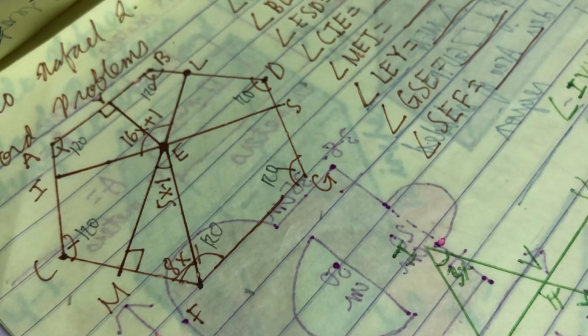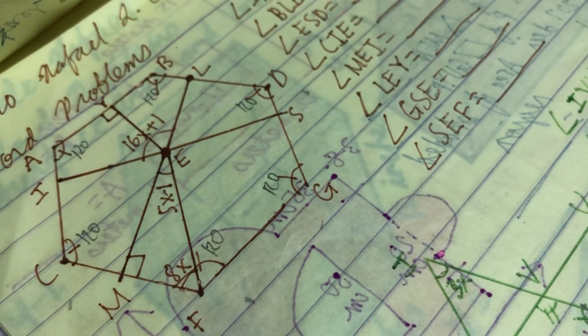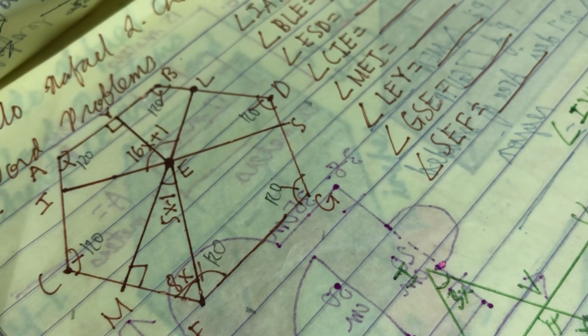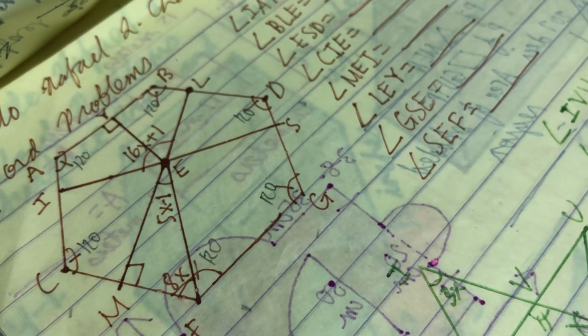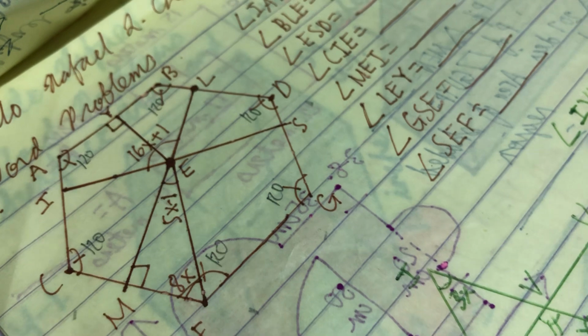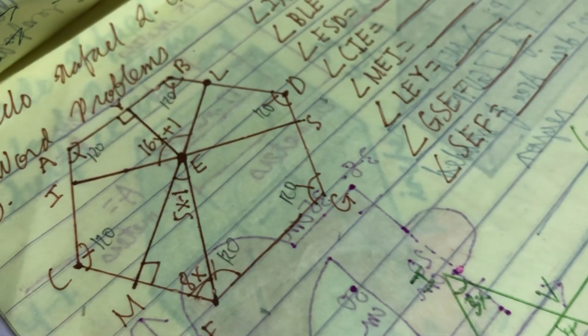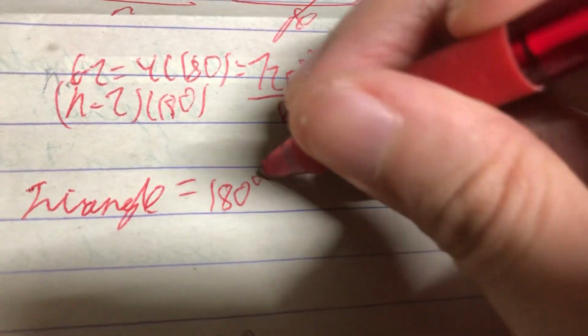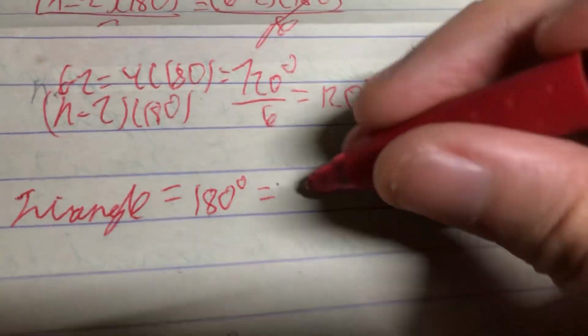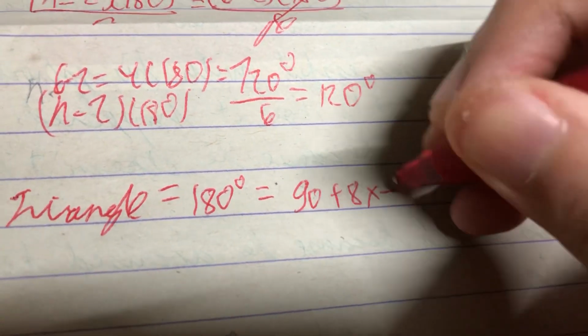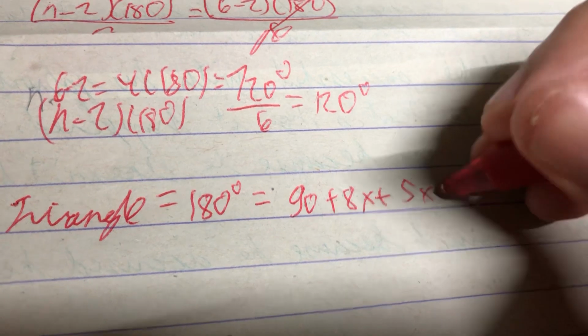So this is just like the algebra you did before. We need to solve for the value of x and then plug in for the measures. For the triangle, the sum of the interior angles always equals 180 degrees. So this becomes 90 plus 8x plus 5x minus 1.